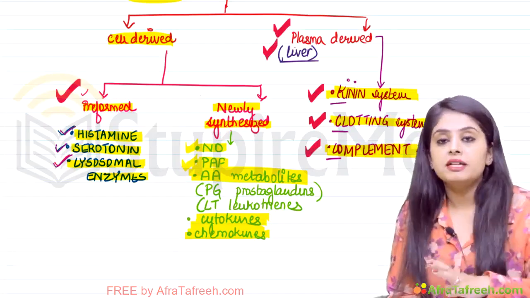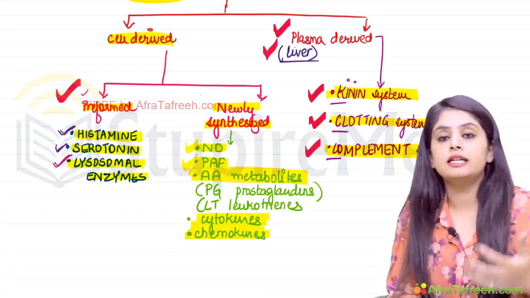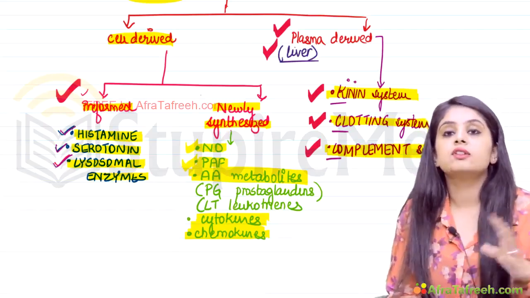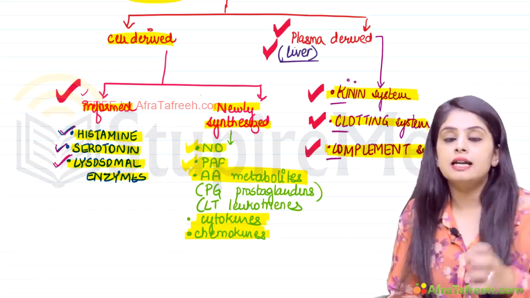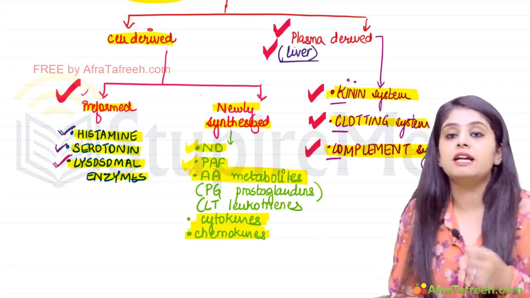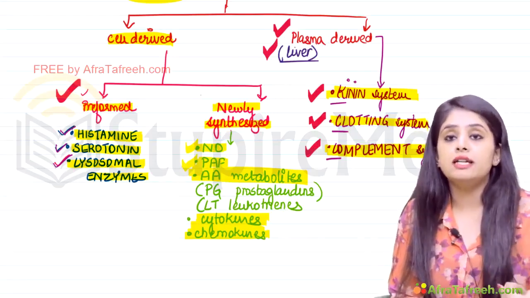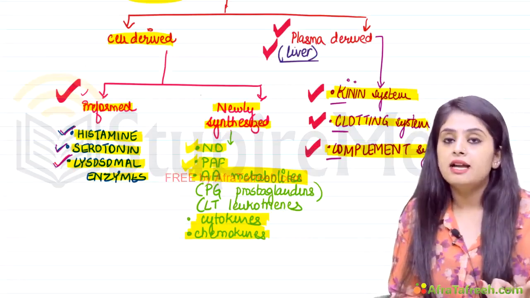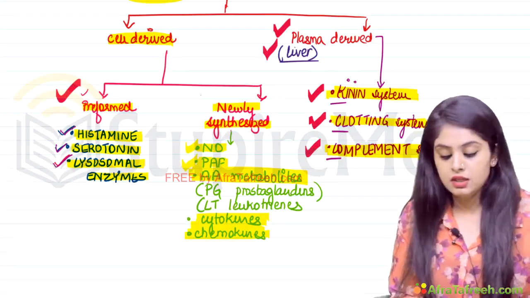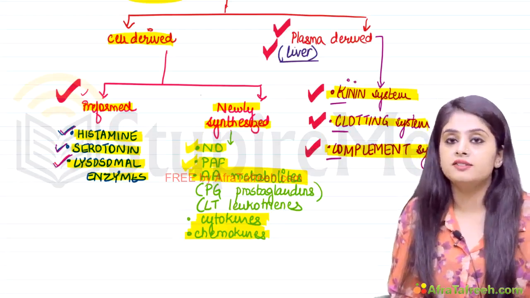Plasma derived is a separate category in which the derivation has happened from the liver and it is circulating in the plasma. This has all the similar sounding terms like kinin, clotting, complement. In kinin, we had bradykinin, which was very important, resulting in venular dilation, pain and bronchoconstriction. Clotting system, which had two pathways, intrinsic and extrinsic.